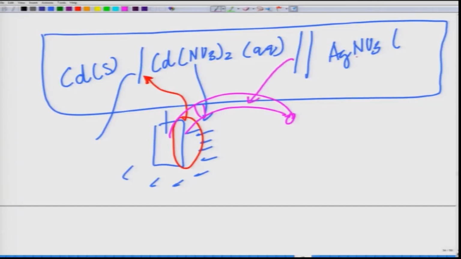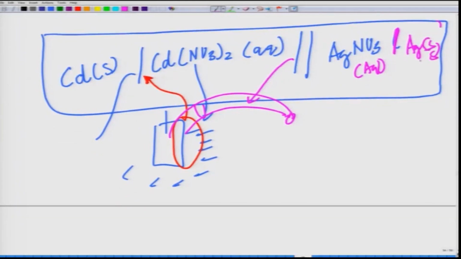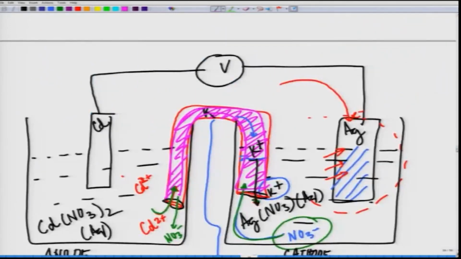Then you have AgNO3, the aqueous phase, with the phase boundary to Ag solid. This is the reaction we just discussed, and this is how you write it in line notation.